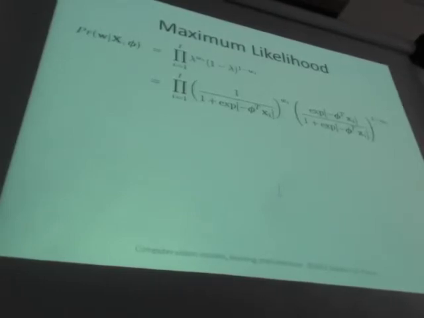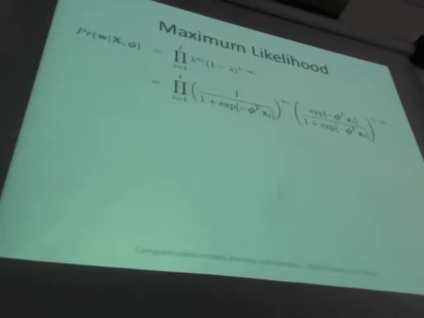Now, our discriminative model sits inside of this, but we can estimate our parameters by saying, all right, I want to maximize the probability of phi given W and X. So we're going to move this over here.